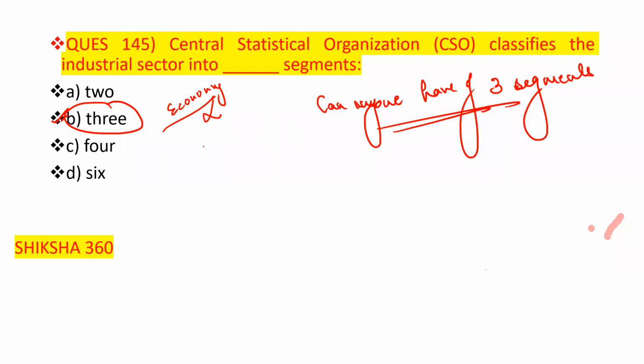I have already provided you the slides, and I will tell you specifically when we discuss the live session, which is very important. It divides the industrial segment into 3 segments. First one is mining and quarrying.